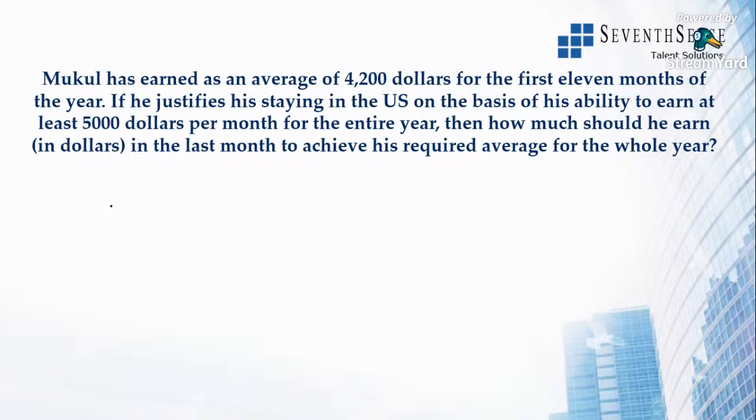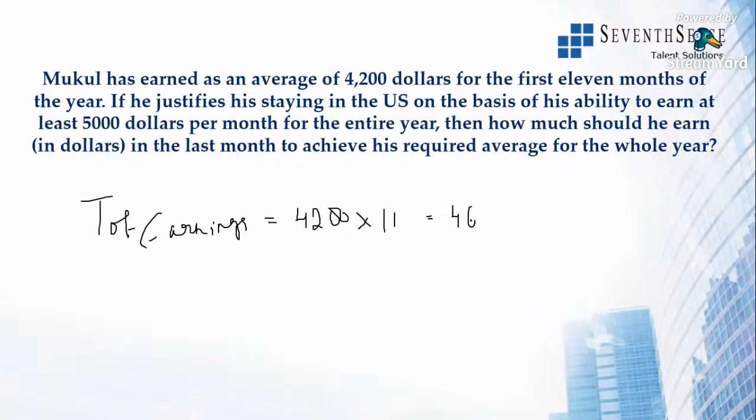Okay. Simple. Find out the total earnings he has made with $4,200 for 11 months. That is nothing but $4,200 is the average for 11 months, so total it will become 4,200 into 11. So what is the answer? It is 46,200.